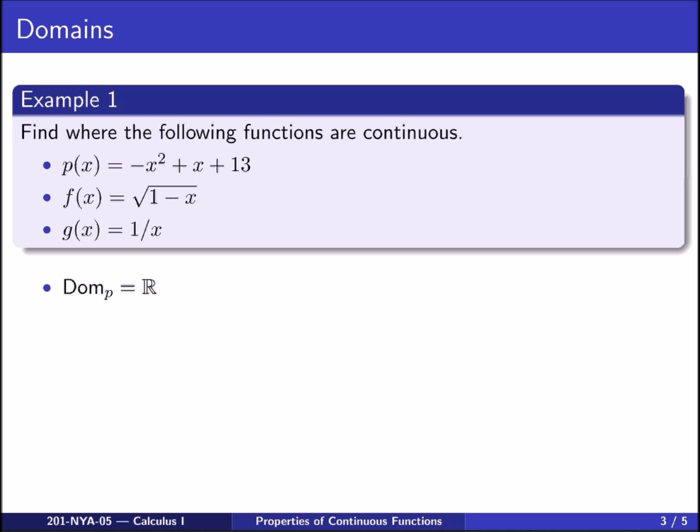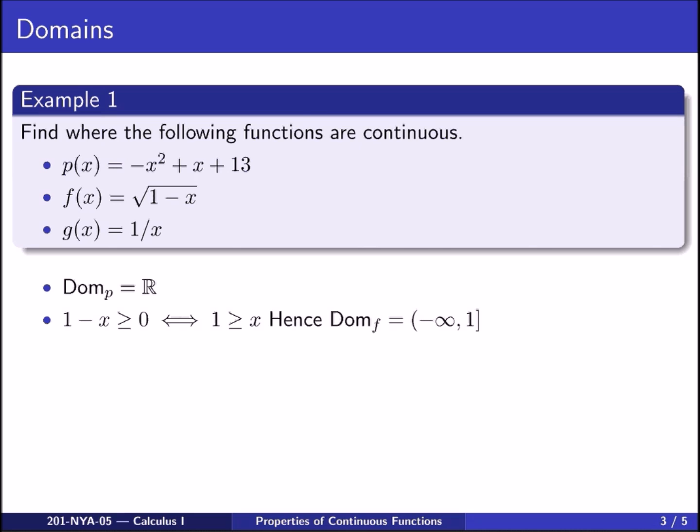Now the square root is only defined if what's inside the square root is non-negative. So finding the domain is equivalent to finding where 1 minus x is non-negative, and that's when x is less than or equal to 1. So here the domain goes from minus infinity to 1 included. And that's where the function is continuous.